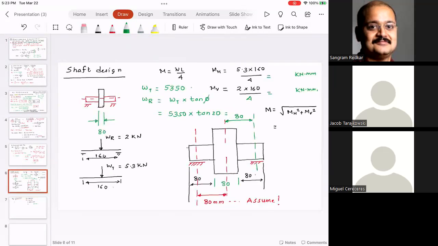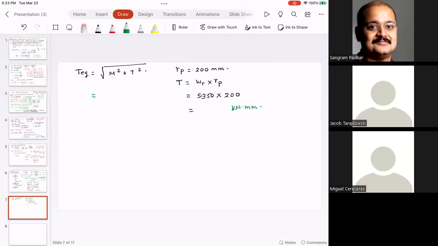Can you quickly tell me these answers? Moment horizontal was 212, moment vertical is 80, moment in total is 226.5. Very good. So this is 226.5 square plus one.